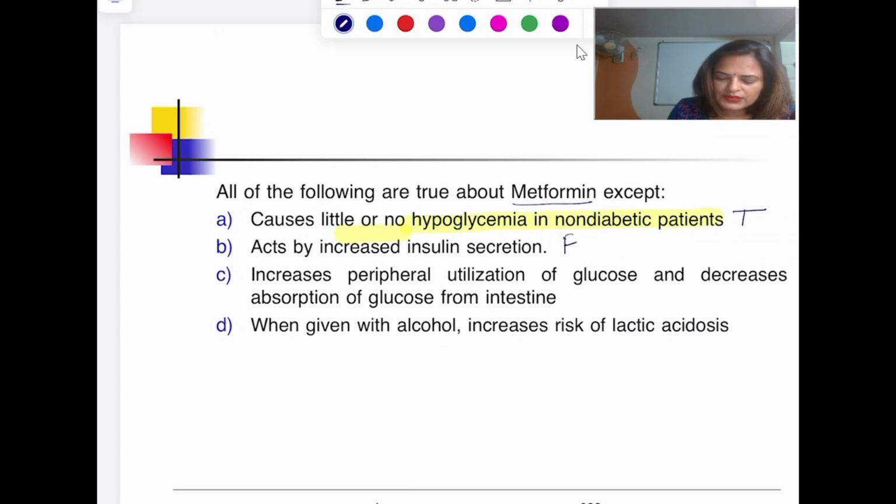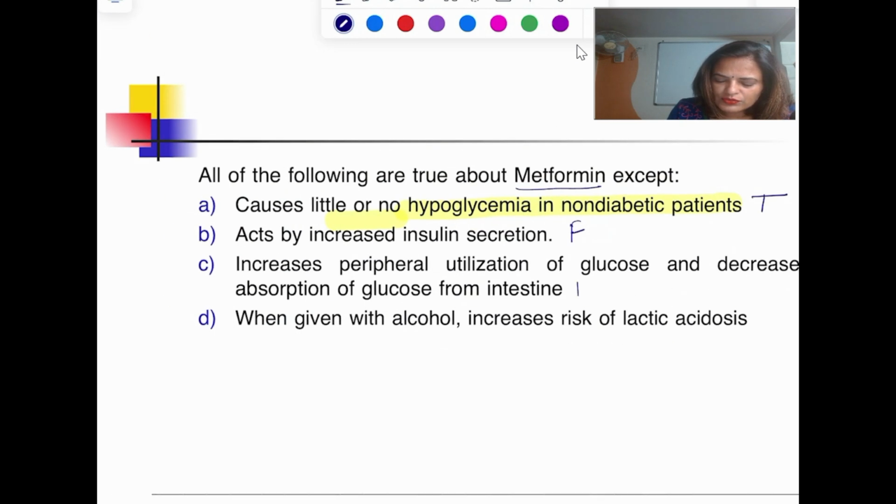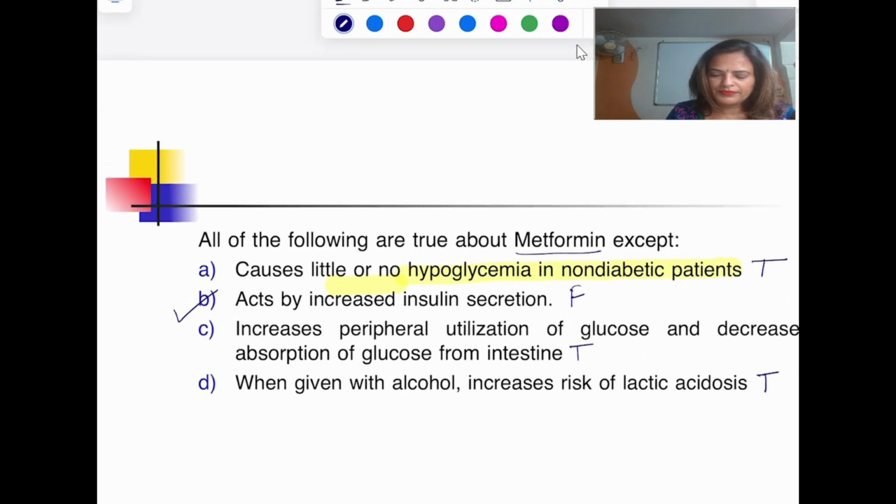So this is false. Then increases the peripheral utilization of glucose and decreases the absorption of glucose from the intestine. This is also how it acts, so this is true. When given with alcohol, it increases the risk of lactic acidosis. This is also true. So here the correct choice is B.